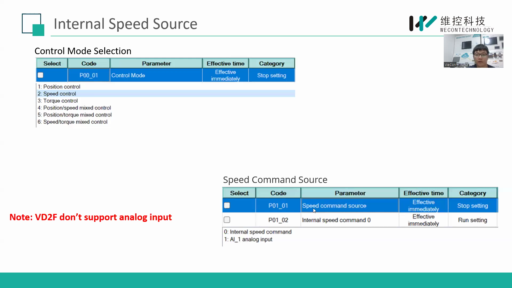Next, for speed command source, we use parameter P1.1. 0 means internal speed and 1 means analog input. Please notice only the VD2 series supports analog input and the VD2F doesn't support analog input. So for VD2F we can only select 0 for P1.1.